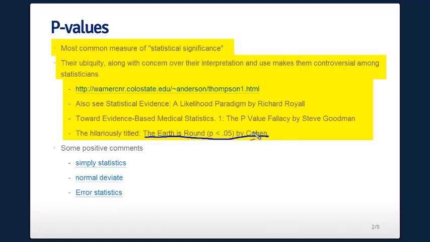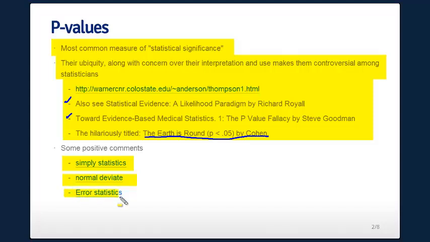I also really like the work of Richard Royall and Steve Goodman, both former faculty members at Hopkins, who highly influenced my thinking about p-values. There's a nice reference by the blog Simply Statistics on p-values. The well-known statistician Larry Wasserman wrote a wonderful blog post about correctly interpreting them.